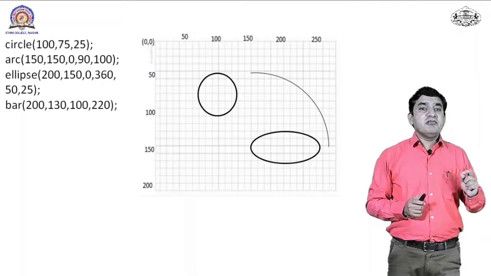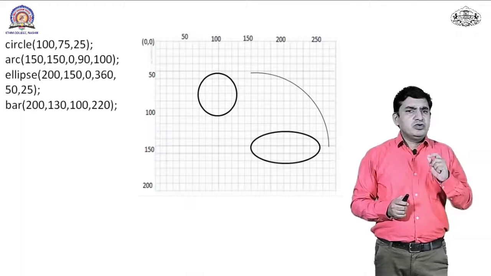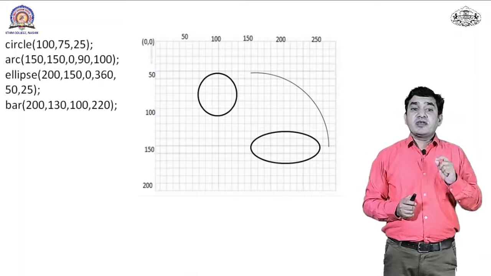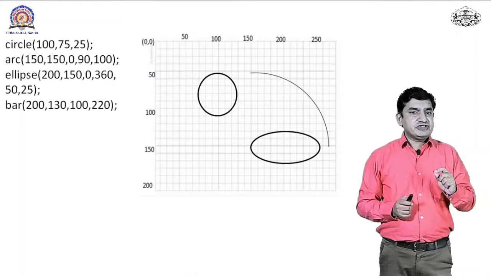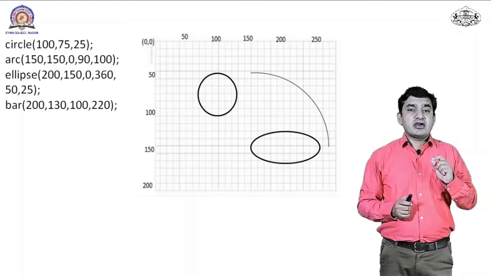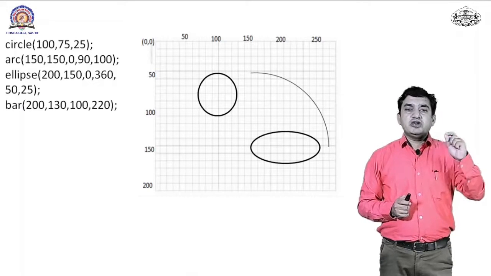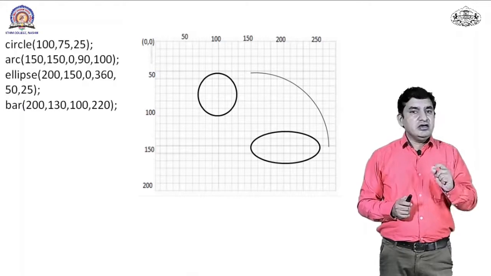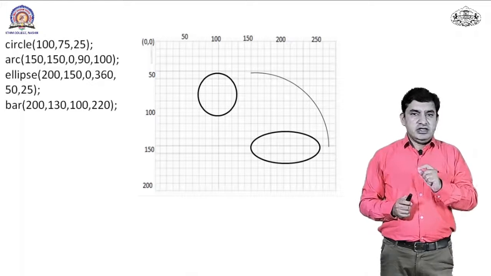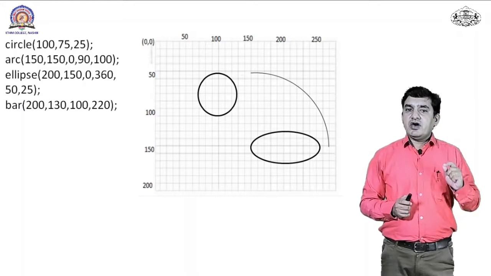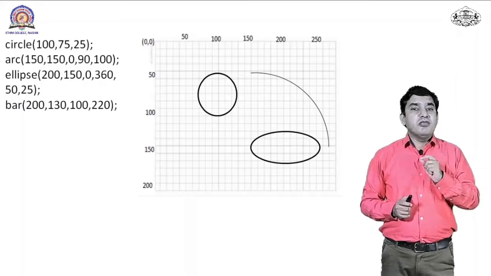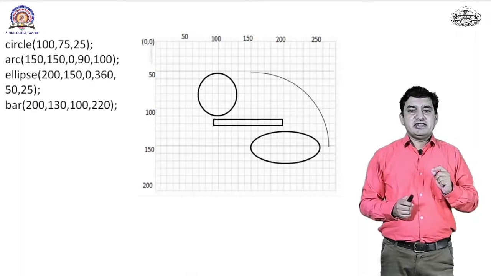Next is a bar. Now, 200, 130 are the coordinates of the left top corner, 100, 220 are the coordinates of the right bottom corner, and the bar is like this.